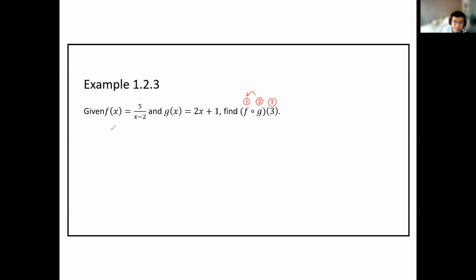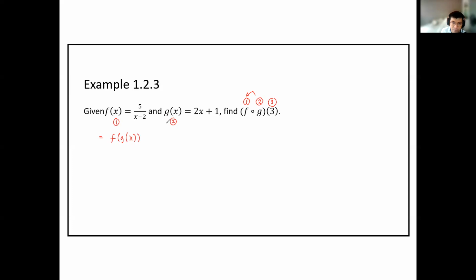Okay, so again, let's try to write first. So 1 and then 2. Since it's the function of, let's solve first the function of g of x before plugging in the value of 3.